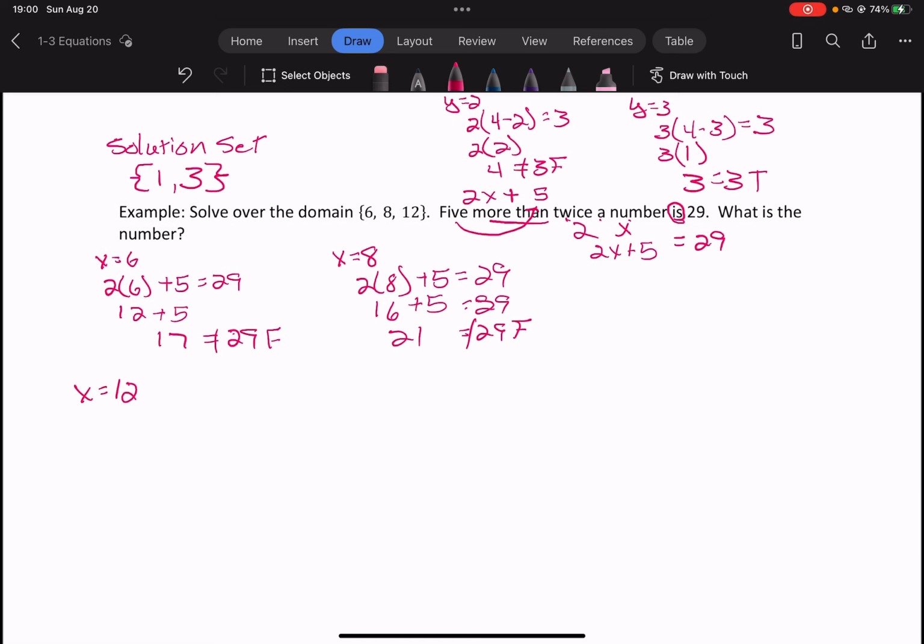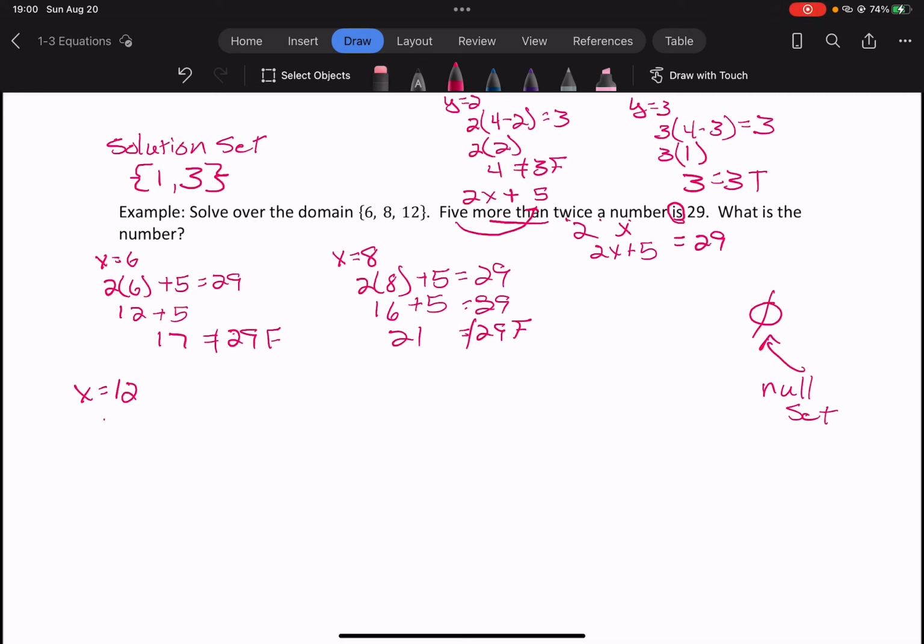Now, sometimes none of the answers of the possible domain would work, and we would say the solution set would be a 0 with the line through it. That is called the null set. That's always a possibility.